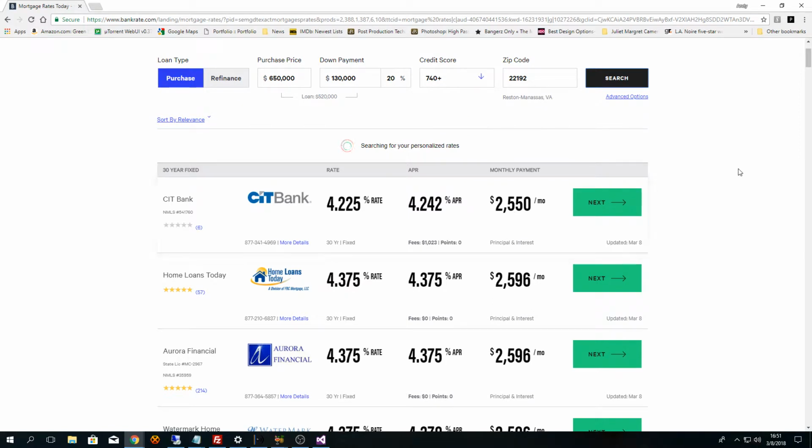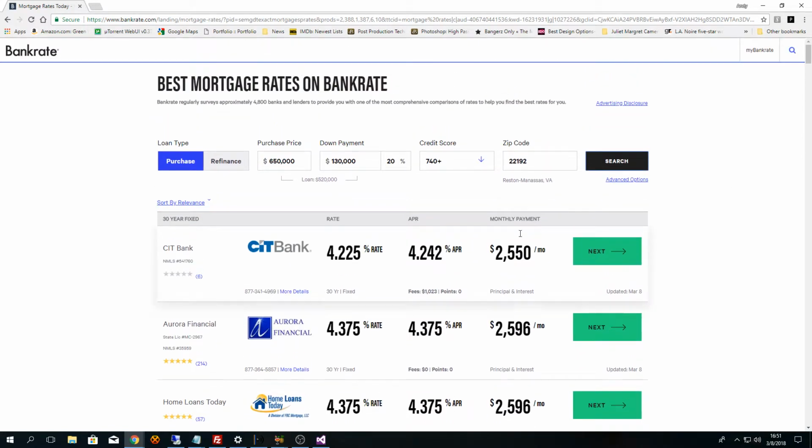See? Now that depends, the actual loan will wind up being 520,000. Refinance.